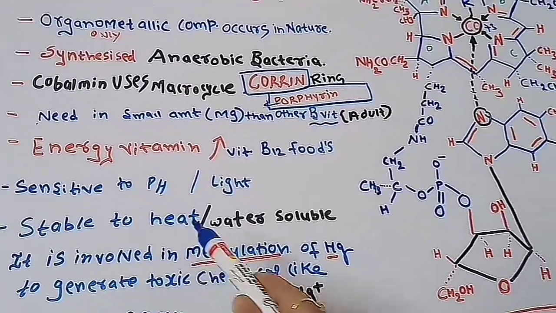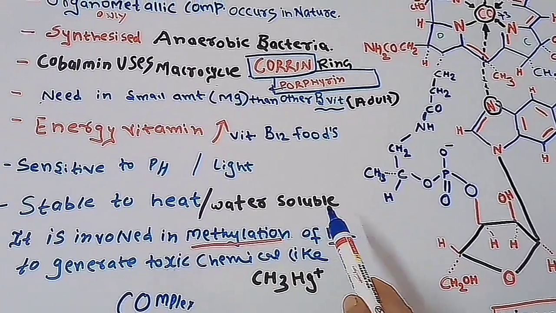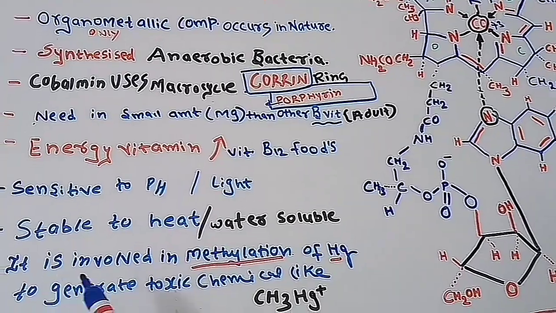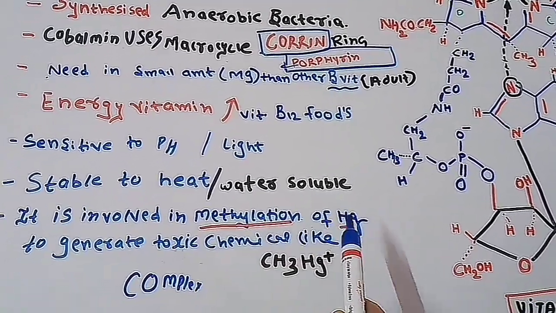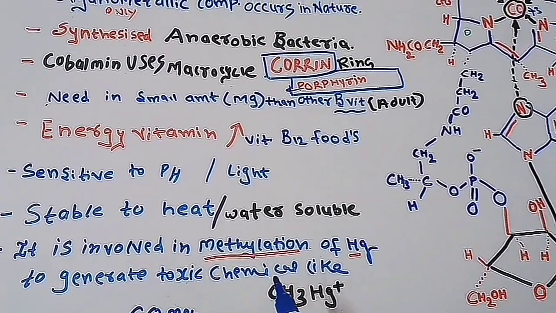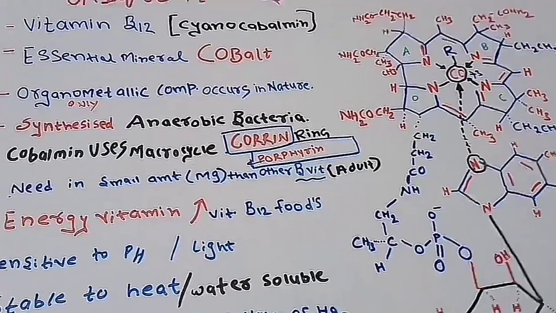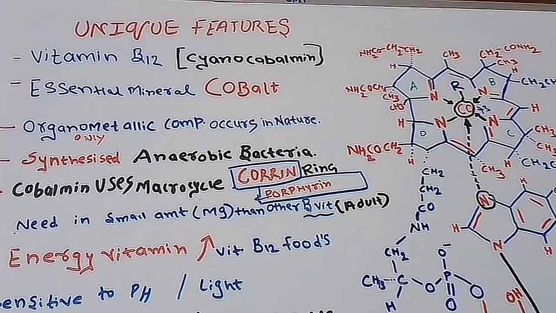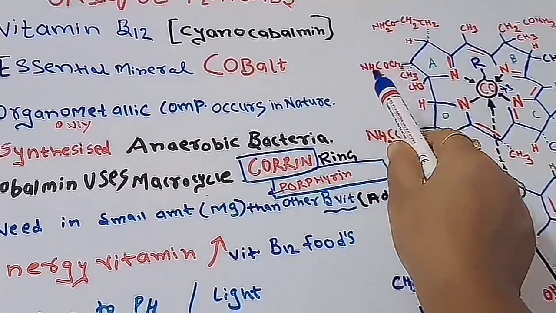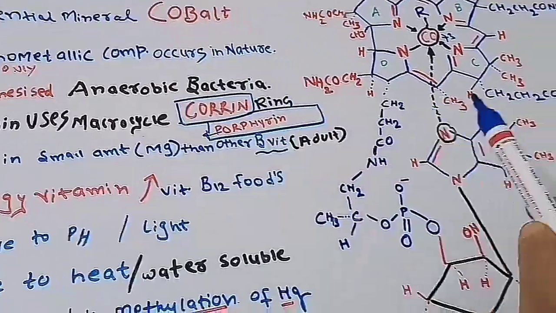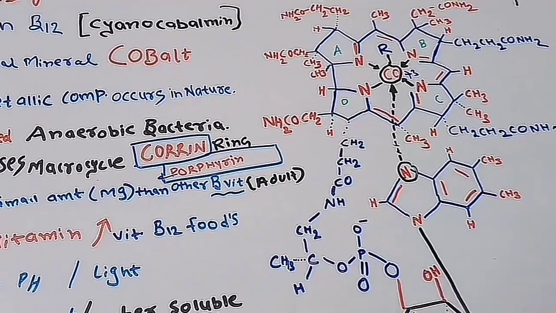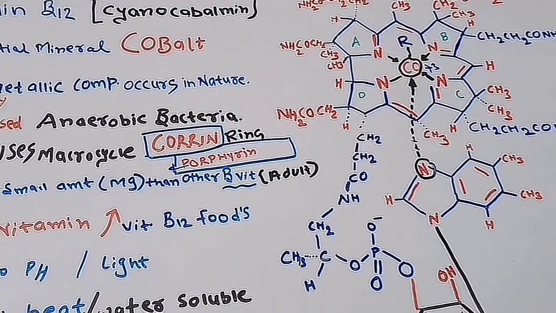It is stable to heat, and it is a water soluble vitamin. It is involved in the methylation of mercury to generate toxic chemicals like the methyl mercury ion. All these features make vitamin B12 very special, and it has a very complex structure compared to the structures of other vitamins.